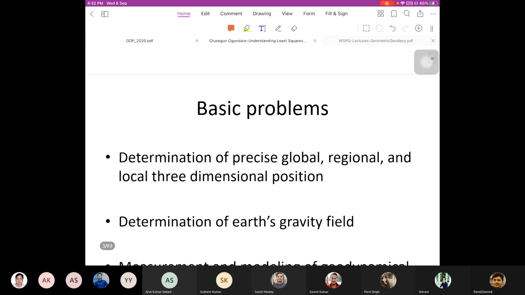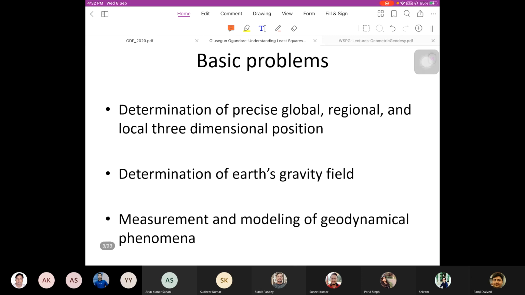The basic problem of geodesy is the determination of precise global, regional, and local three-dimensional position, as I've told you in the initial discussion. We work at a global level, a regional scale, and a local scale.